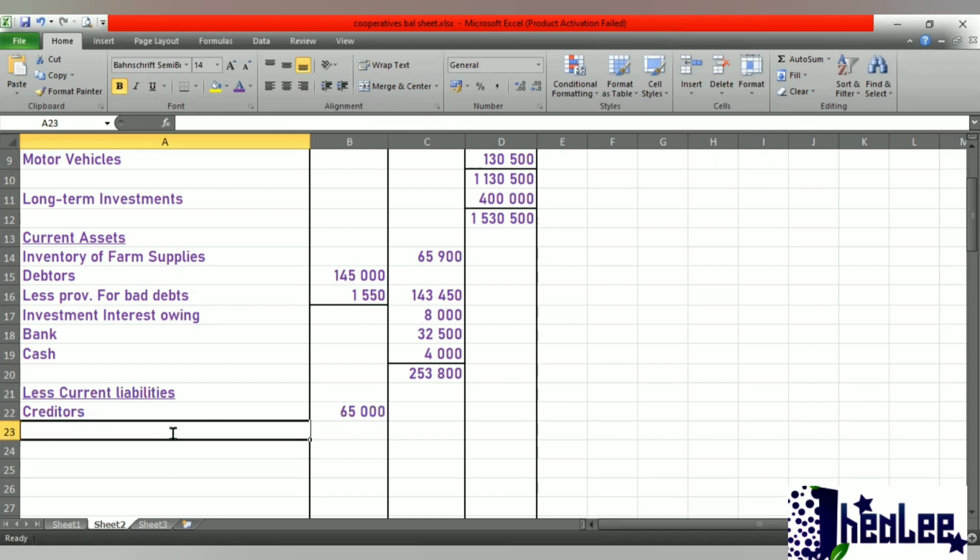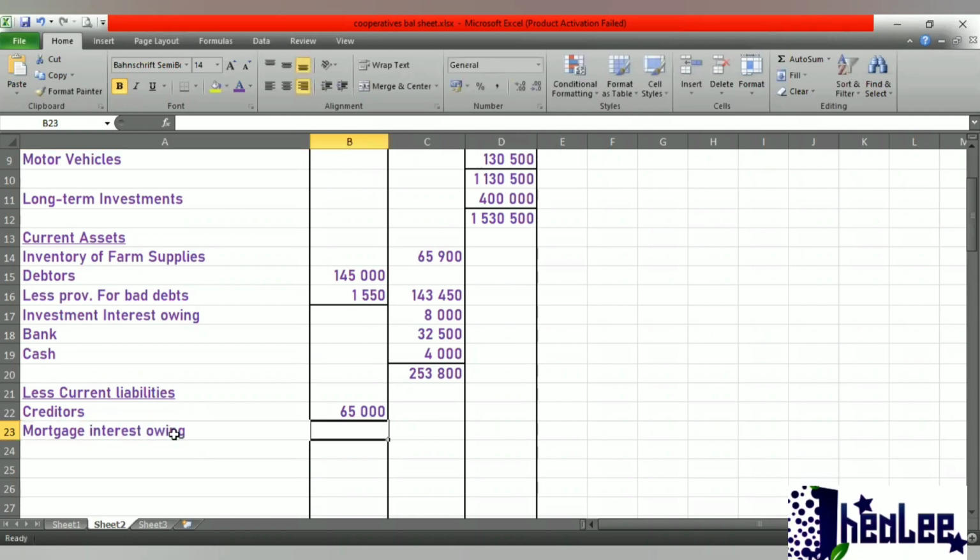Mortgage interest owing, and the value of that is $10,000.